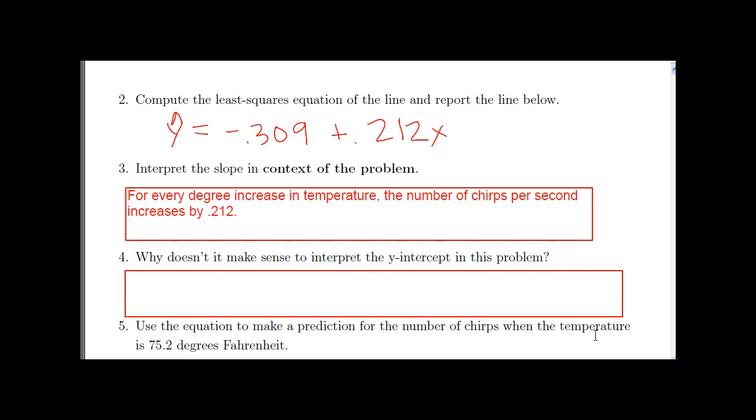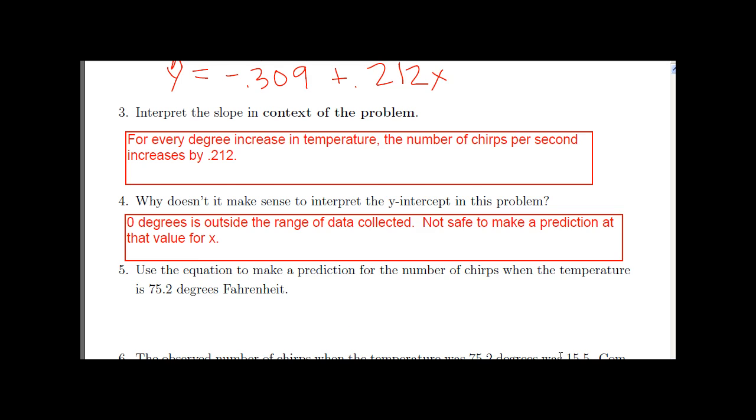So we don't know if the model is going to stay linear outside the data that we have. So I say something like 0 degrees is outside the range of data collected. So it's not safe to make a prediction at that value for x.